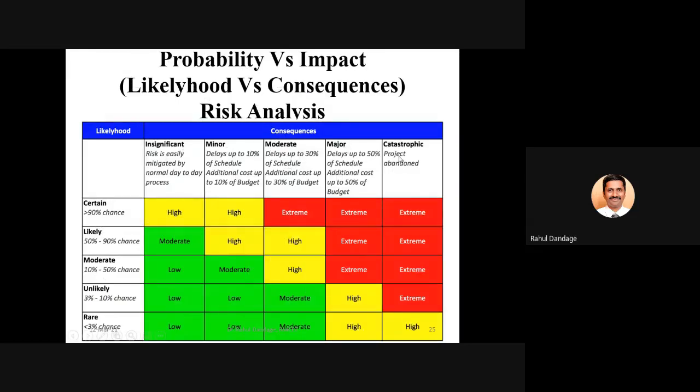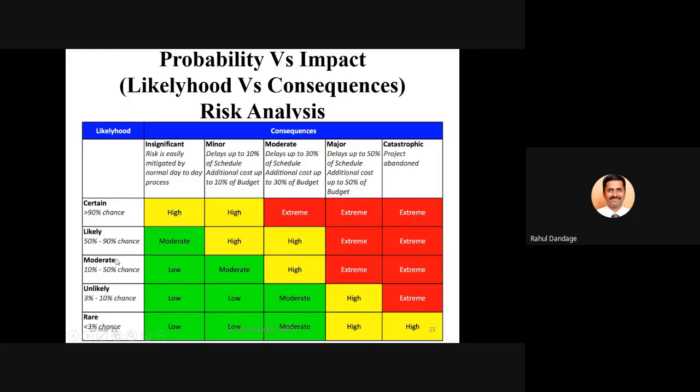This is another diagram for probability versus impact, or likelihood versus consequences. Likelihood is nothing but the probability of occurrence. So greater than 90% chance means it is almost assured this kind of risk is going to occur. Then likely, moderate, unlikely and rare. If the chances of occurrence are less than 3%, we say it is a rare risk. If it is 3 to 10%, it is unlikely, may not come.